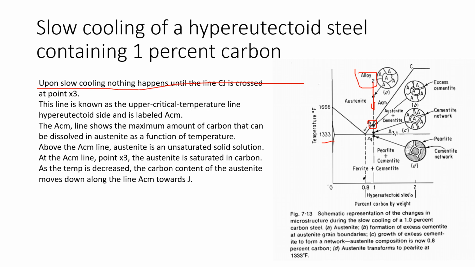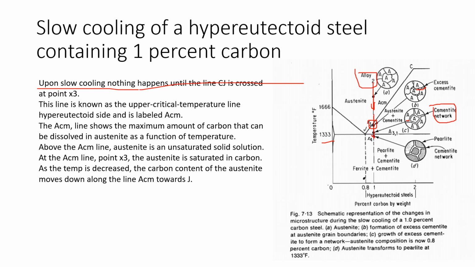Similarly, at point x3 the grains of the austenite begin converting, and small cementite boundaries form at the austenite grain boundaries. The cementite network is in the transition stage, converting from austenite to cementite.